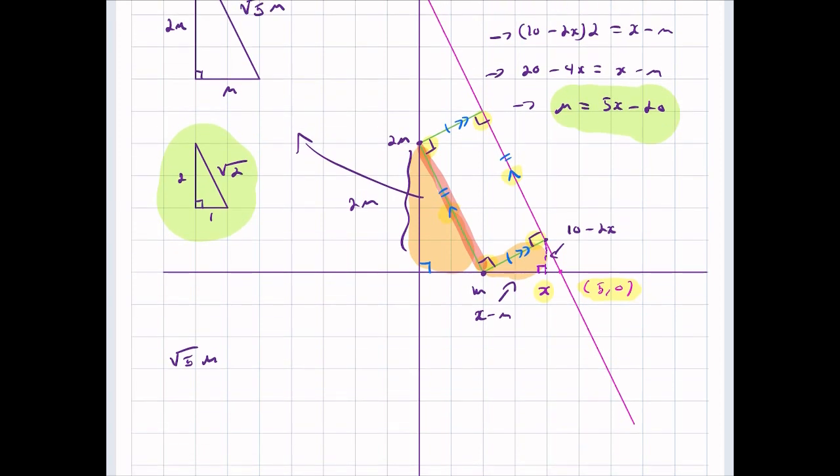But what about this side? What about the other side of the rectangle? Well, the Pythagorean theorem tells me this is the square root of (x minus m) squared, which is the base squared, plus the height squared. The height is (10 minus 2x) squared.